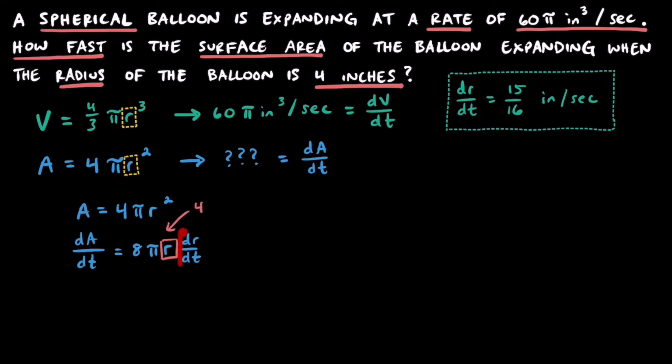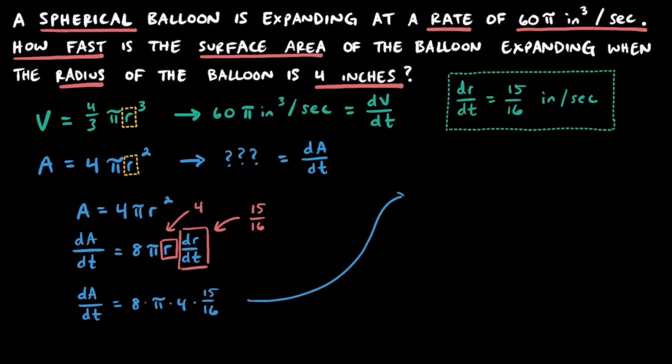And as for this dr/dt, well, we spent all that time earlier finding dr/dt that was equal to 15/16, so we can make another substitution here. In for this dr/dt, we will substitute 15/16. Substituting these values in, we get dA/dt, which is ultimately what we're looking for, is equal to 8 times pi times 4 times 15/16.